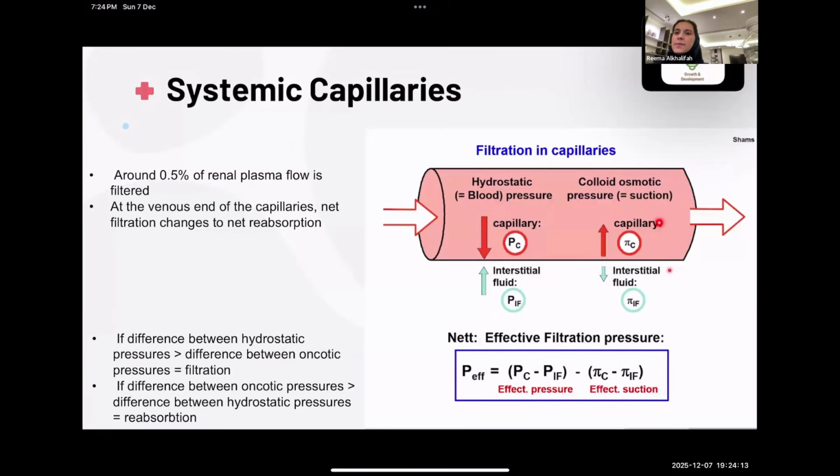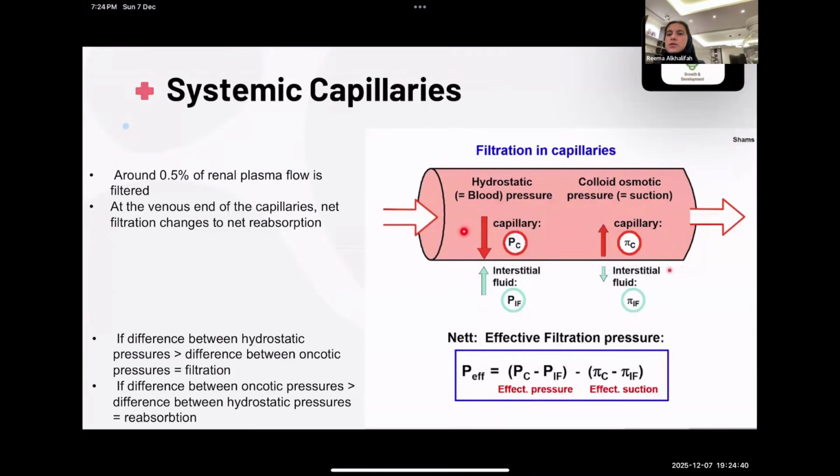Now, in the systemic capillaries, only 0.5 of the renal blood flow is being filtered from the capillary. This is a very, very tiny amount. And this affects the changes that happen in these Starling forces.